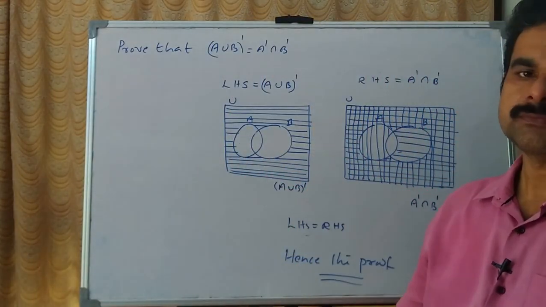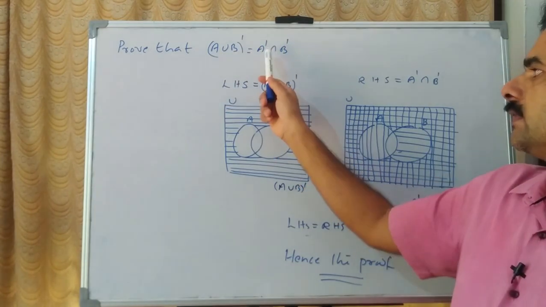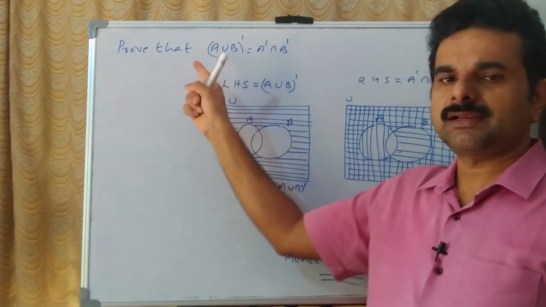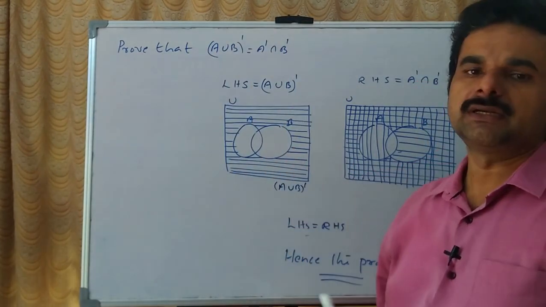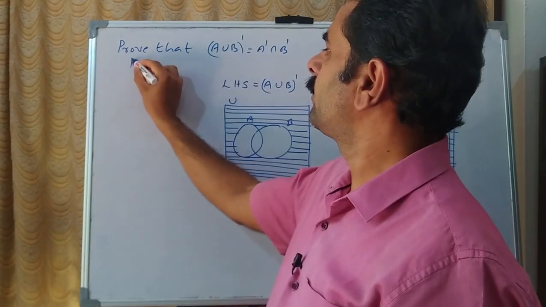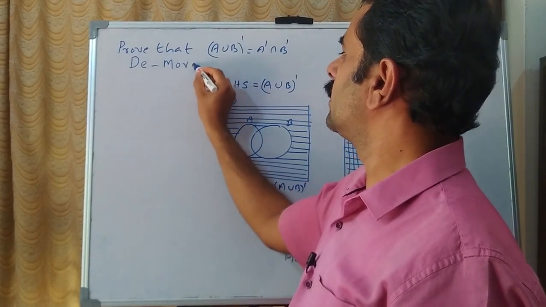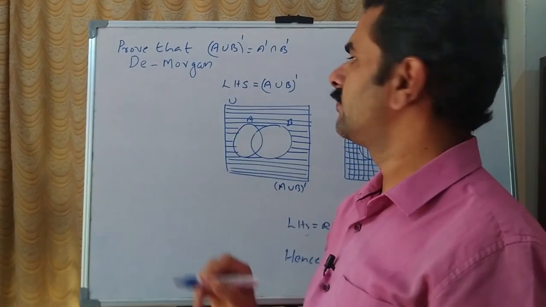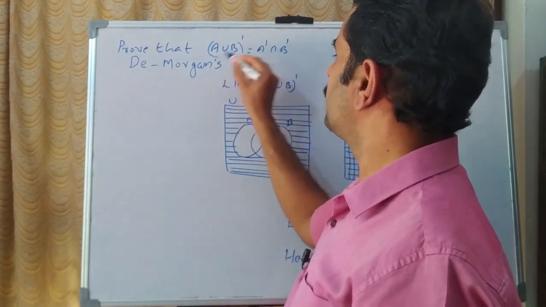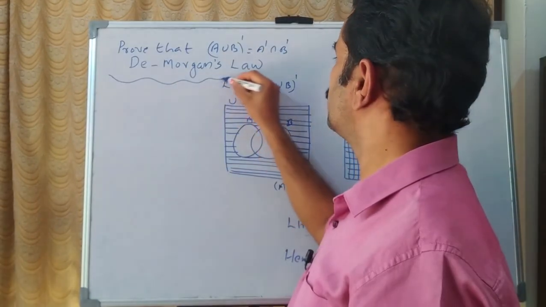Once again, we have to prove A union B whole complement equal to A complement intersection B complement. This type of question was introduced by the mathematician De Morgan. Therefore, this theory is called De Morgan's law.